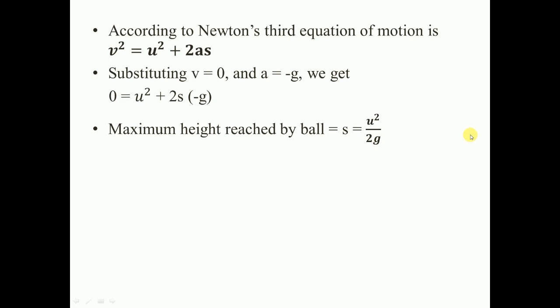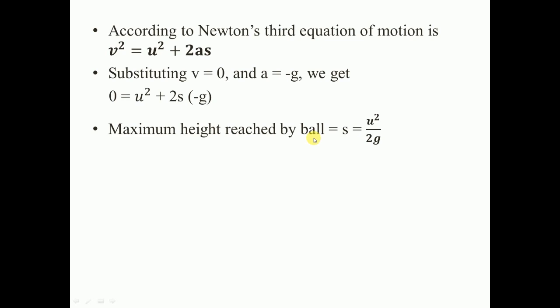Then you throw another ball at a speed of 40 km per hour. Then here it will become 40 square upon 2 into 10. Obviously the maximum height reached by the ball at 40 km per hour will be greater as compared to the height reached by the ball traveling at 20 km per hour.